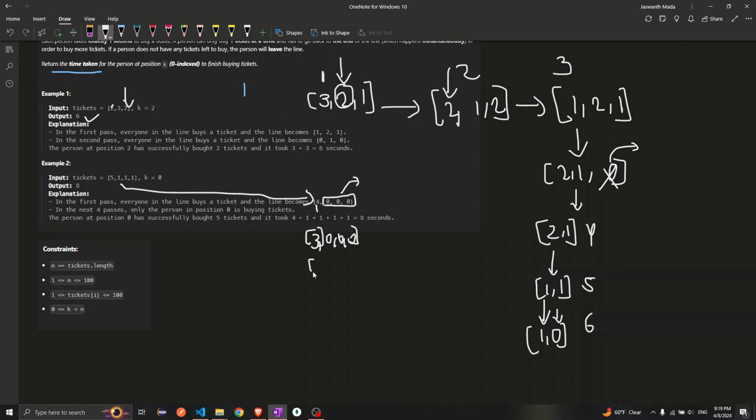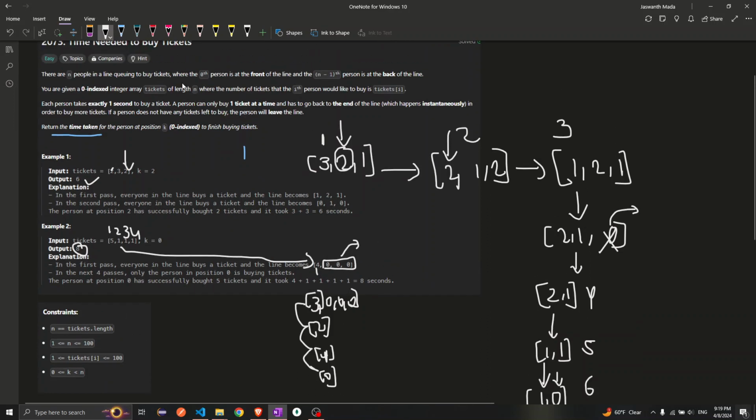It will become 3, then 2, then 1, and at the end it will be 0. So for this one, initially he will take 1 second, then another second, another second, and another second. So these are 4 seconds, and these are 5, 6, 7, 8. The total is 8 seconds, right?